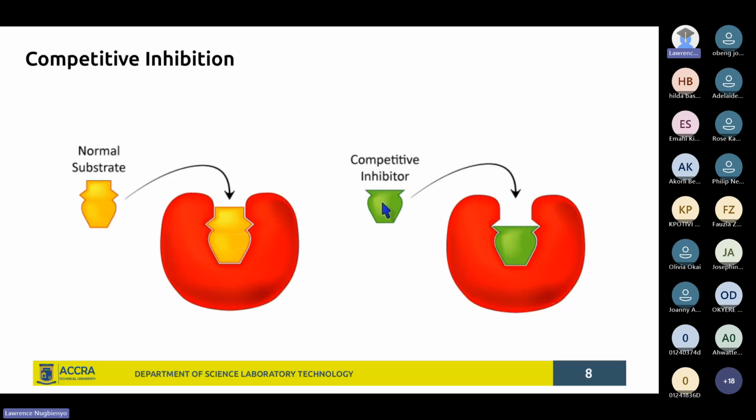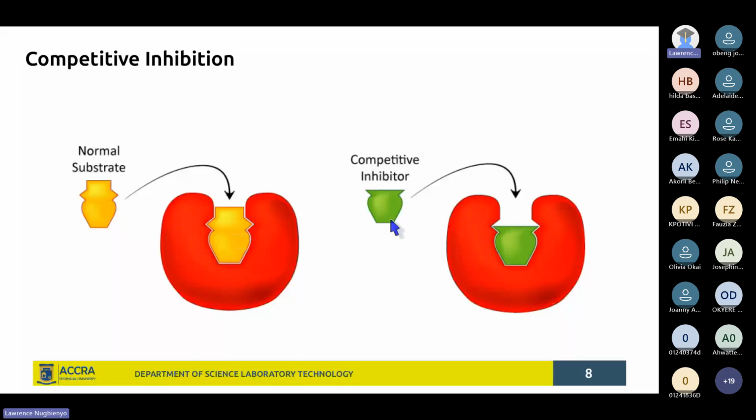And so, roughly speaking, the competitive inhibitor deceives the enzyme. The enzyme thinks that it is its substrate and binds to it. But when it binds to it, it is not the substrate. And once it's not the substrate, the enzyme cannot act on it. So that's what is happening. And the word competitive means that you have the normal substrate and the inhibitor competing for the active site of the enzyme.